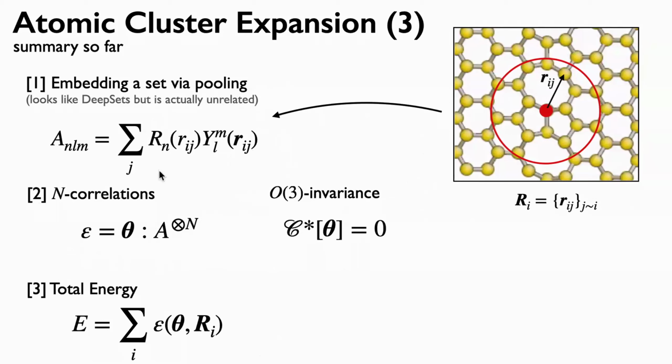And then you perform a pooling operation. You take n-correlations and an inner product with the parameter tensor, and then you sum over the sites, and that is an ACE potential already. So when written like that, it looks quite simple. The devil, as always, is in the details, but it is actually not hard to get started, even from scratch, in principle.